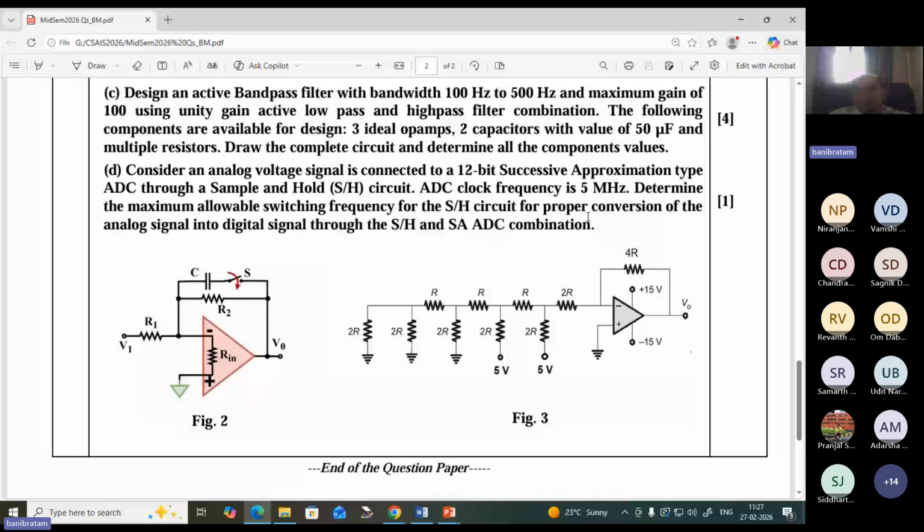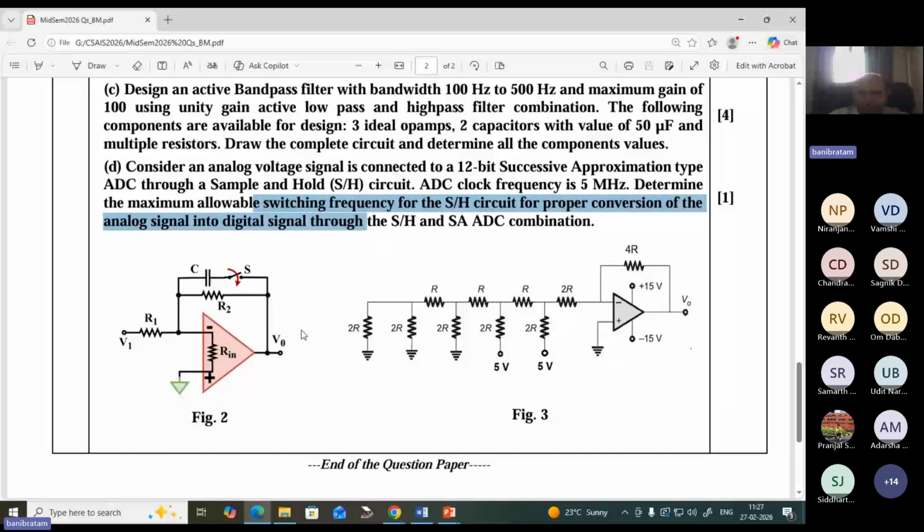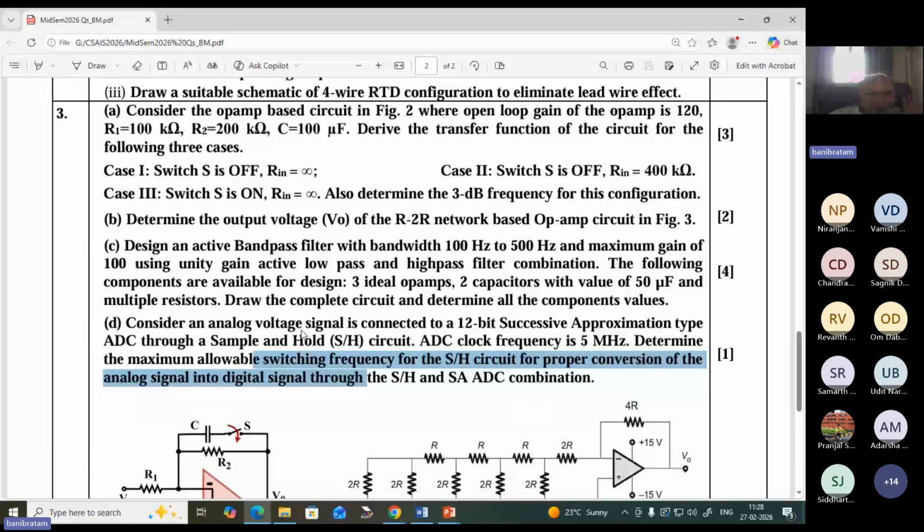The sampling time should be greater than the conversion time, so from that concept you are supposed to find the maximum allowable switching frequency. Okay, so this is about the question papers. Before showing the answer scripts, we will share the detailed solution. Is it okay? Any questions or doubts from anyone?